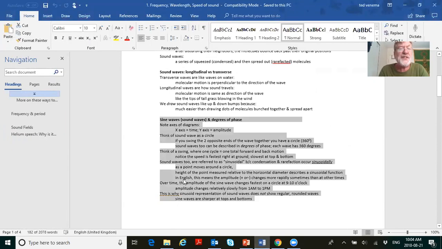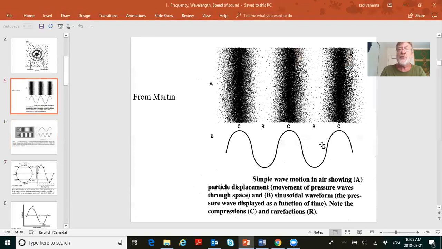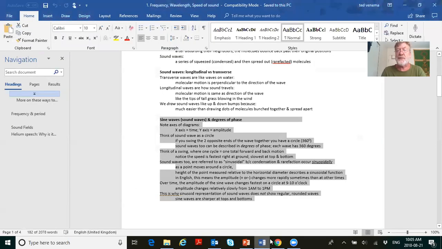I'll never ask you about it, but there it is. All that bottom stuff that's shaded here is just to tell you that sound waves actually should be drawn more like a point, because sound waves actually look like this more, and therefore this wave here isn't totally accurate. But enough on that. Let's move on.